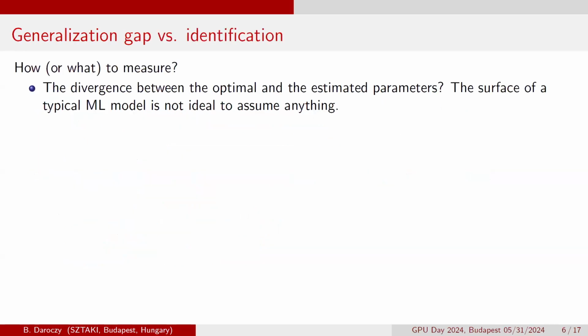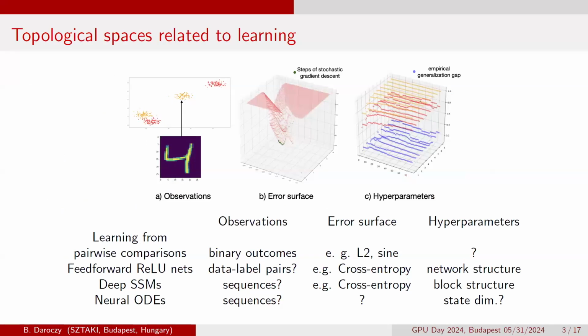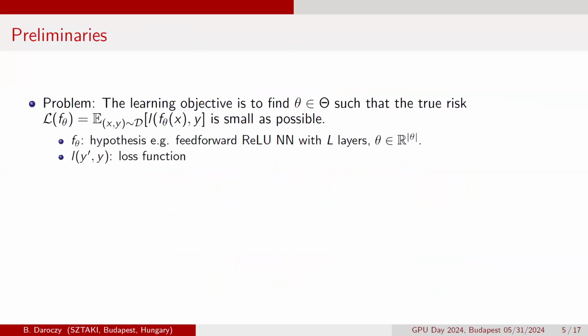But just look at the surface. The surface could be really, really tough. This is just a logistic regression. The surface of a neural network looks way worse. So we cannot trust that if you are close, you will perform similarly. That's the problem.